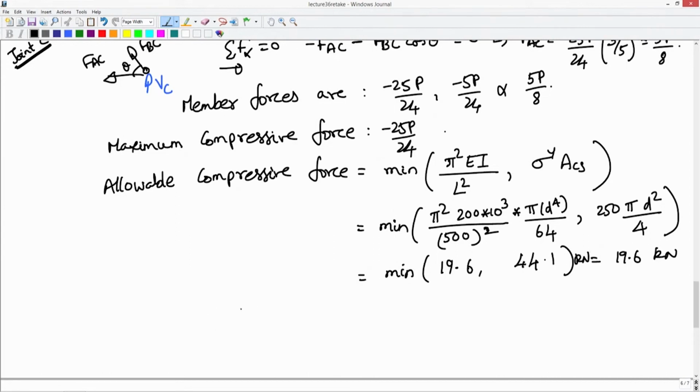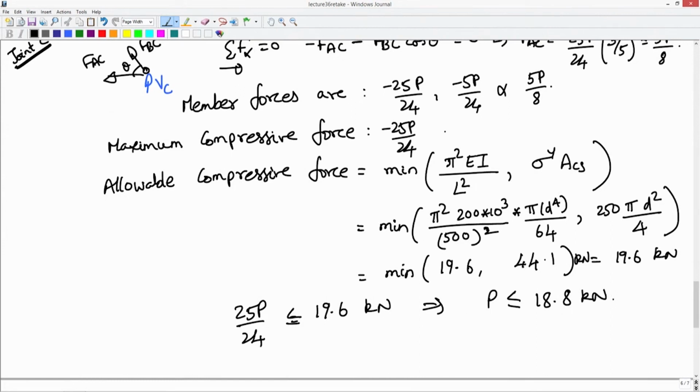I have to limit this 25 P by 24 to be 19.6 kilonewtons, which will imply that P should be less than or equal to 18.8 kilonewtons.